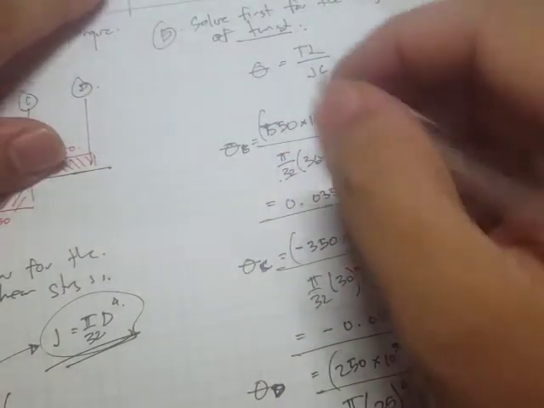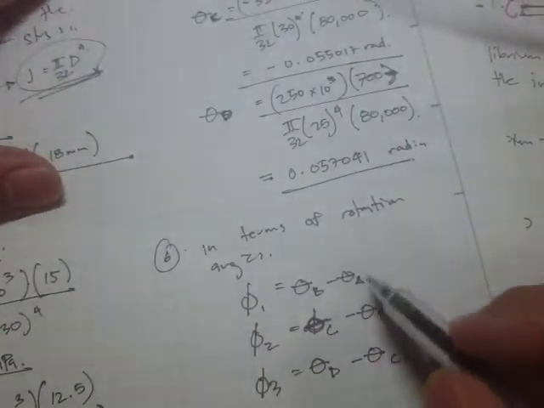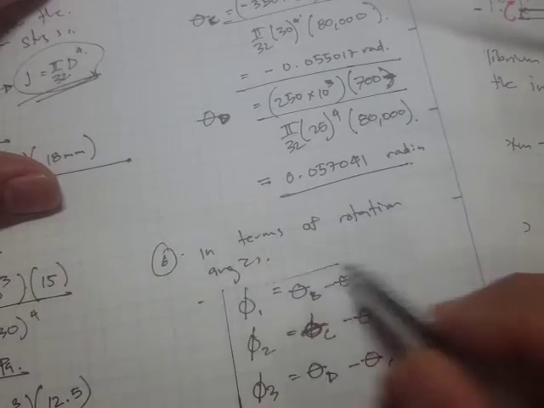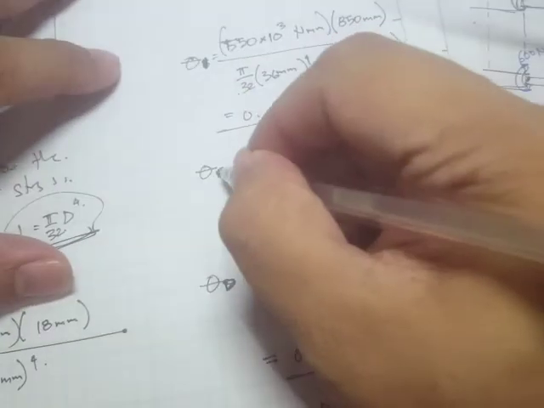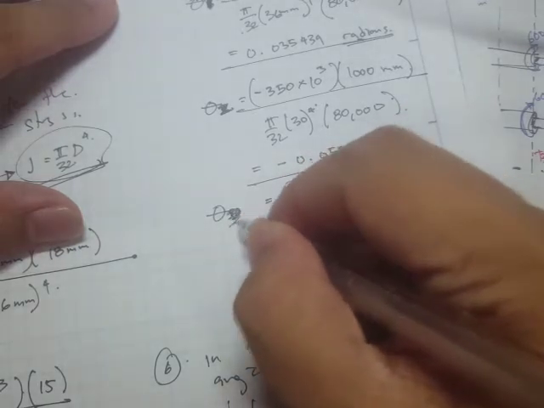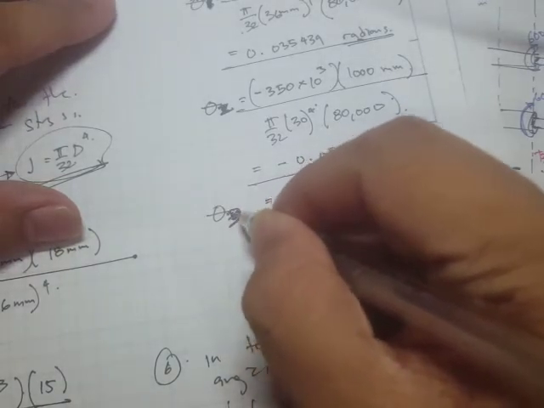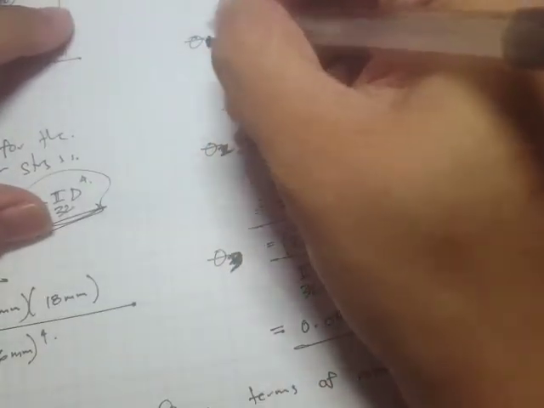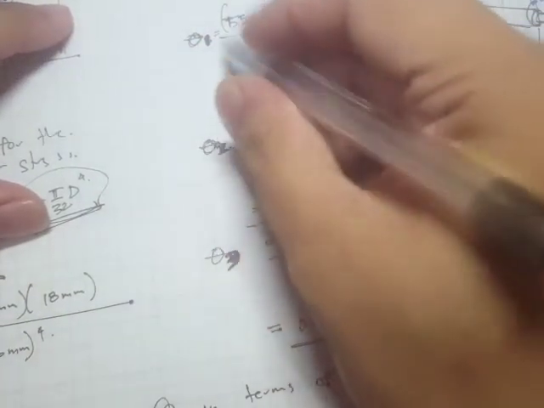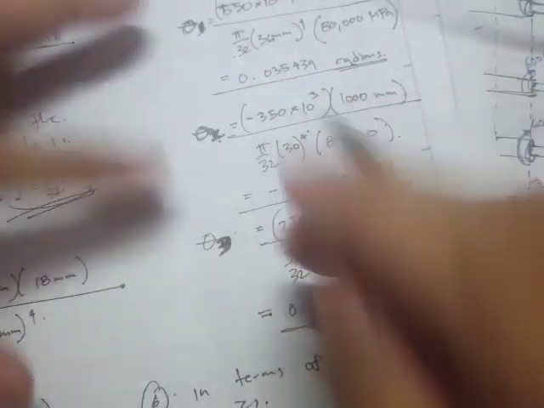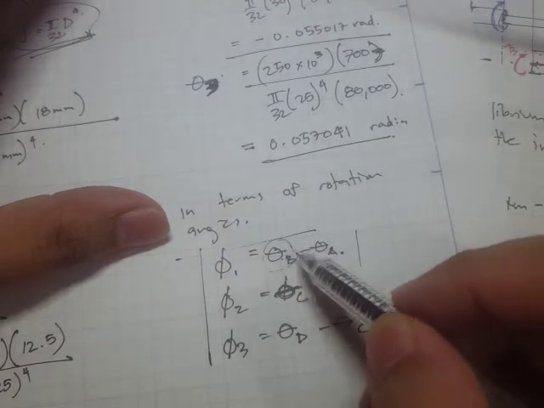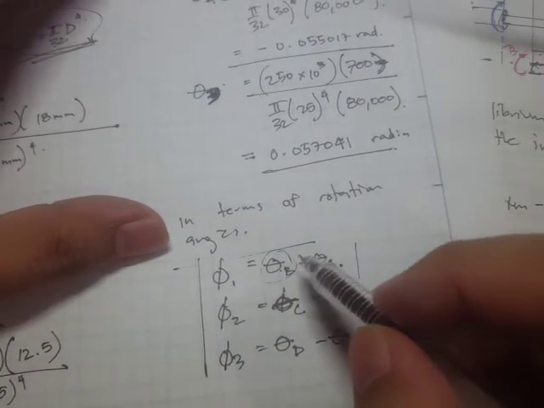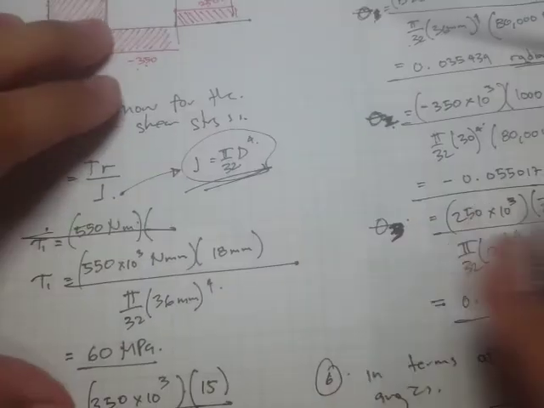I think if we are going to use these equations, then this must be the angle of twist at segment number 1, this is segment number 2, and this is segment number 3. Right, so sorry for that. This must be segment number 1, segment number 2, and segment number 3. And this one refers to the angle of twist at point B.